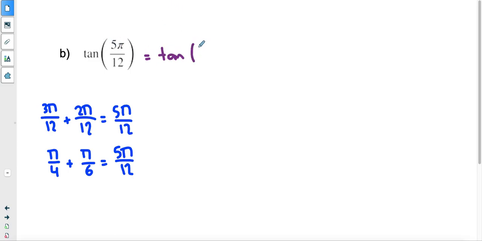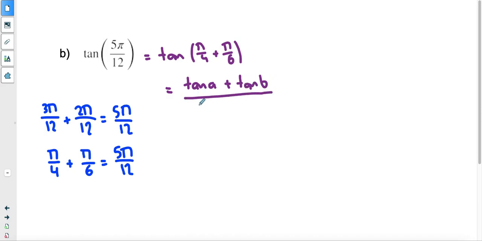This is equal to tan of pi over 4 plus pi over 6, which, based on our compound angle formula, is tan A plus tan B divided by 1 minus tan A tan B. And now if we replace angle A with pi over 4 and angle B by pi over 6, there we go. There's our compound angle formula.